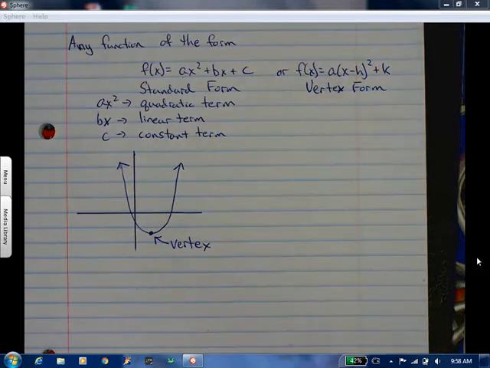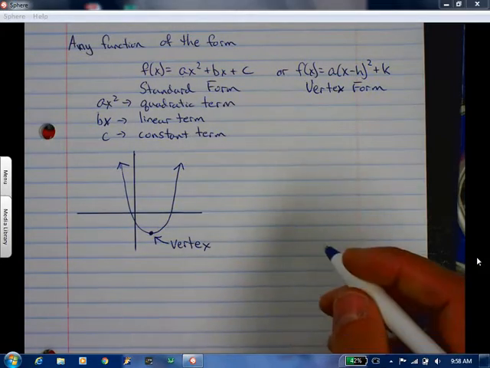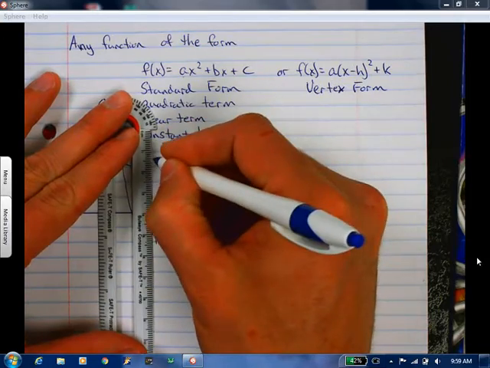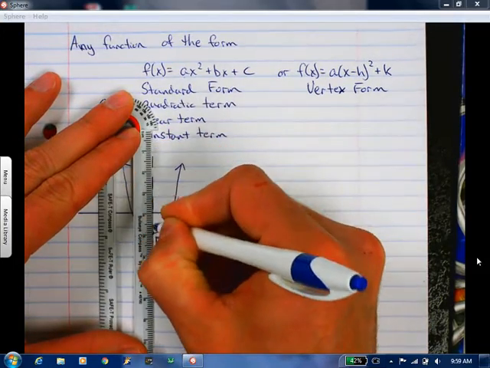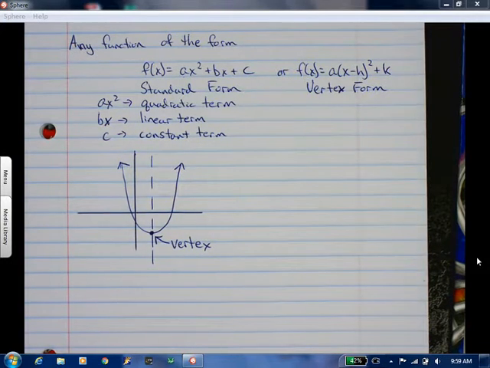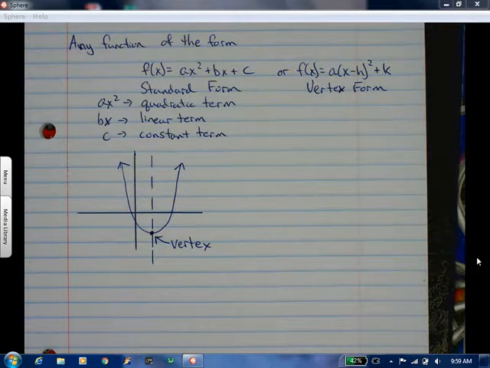That's what it does. Okay, I'm going to draw a vertical line straight through my vertex. And it's going to be dashed. Does that vertical line split the parabola in two?